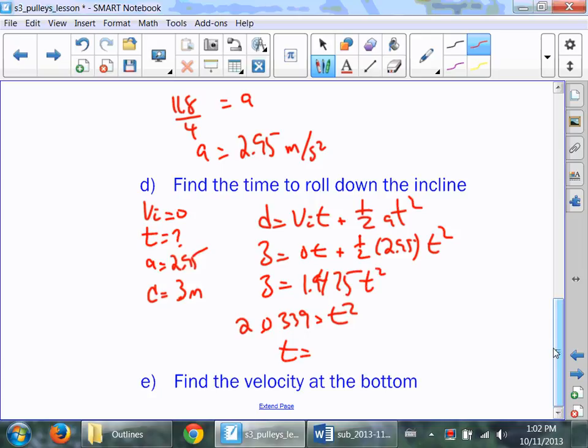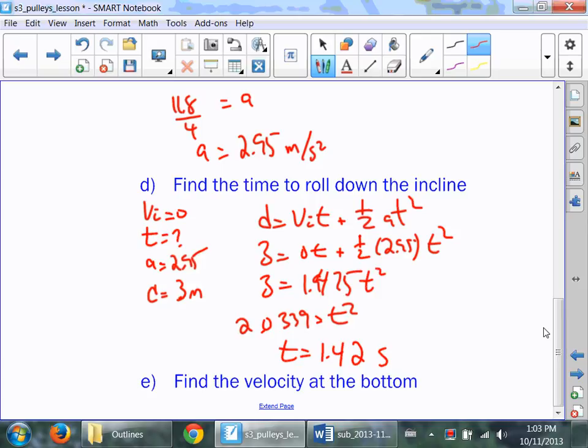Take the square root of that, and we get 1.42 seconds. Okay?